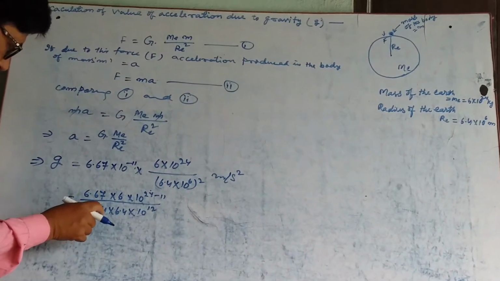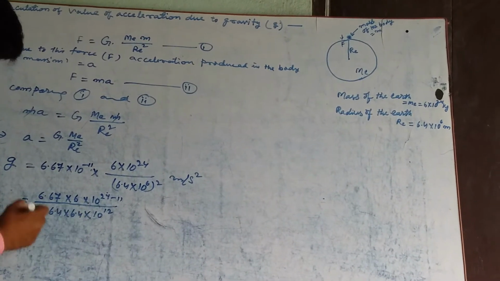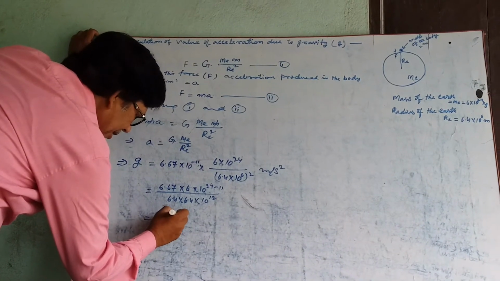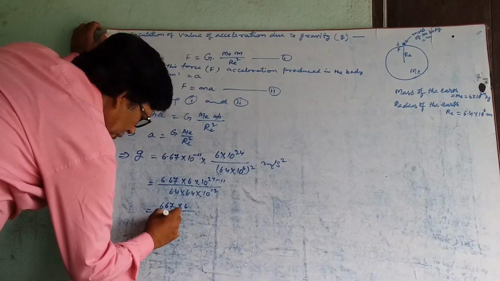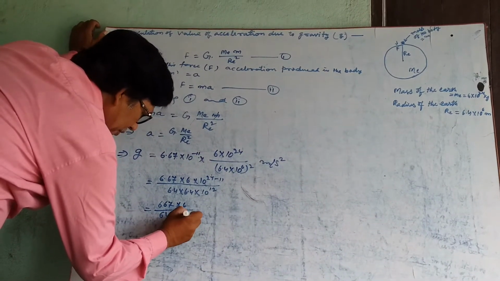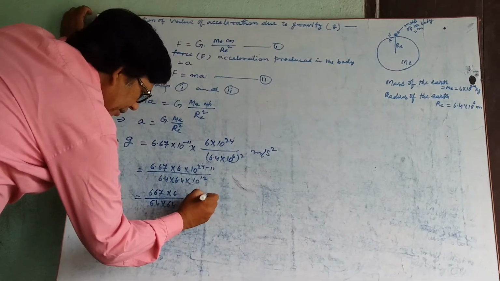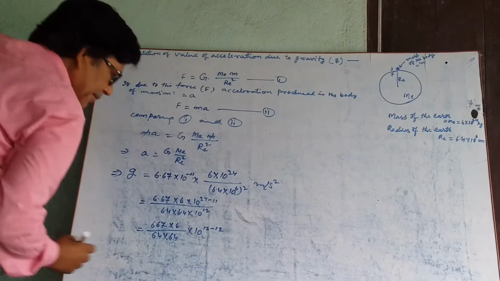After the decimal, two digits, so we cancel this. 667 into 6 by 64 into 64 into 10 to the power 13, this will be minus 12.